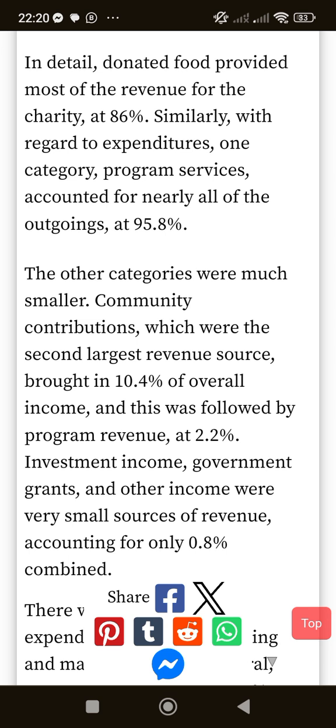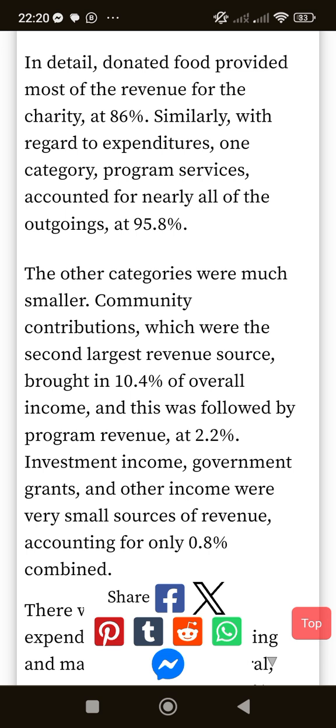Donated food provided most of the revenue for the charity at 86%. Similarly, with regard to expenditures, one category, program services, accounted for nearly all of the outgoings at 95.8%. So you can have a look at this, like they are making comparisons.